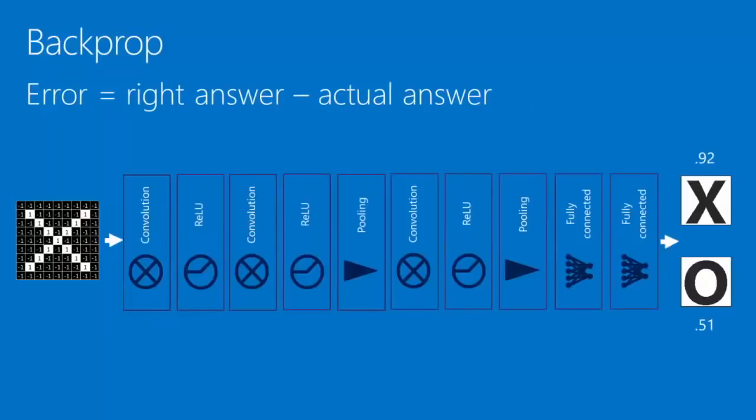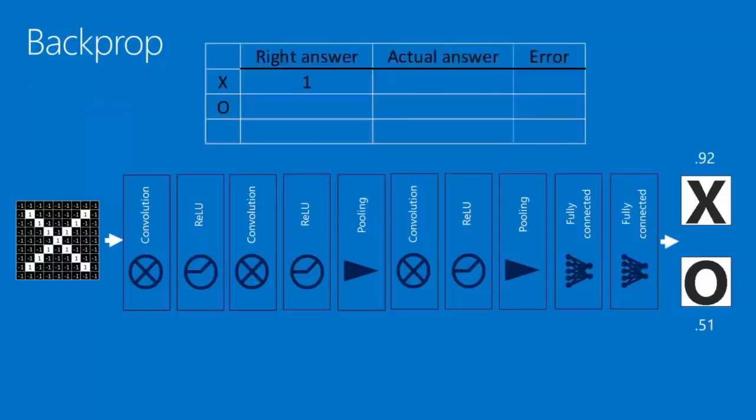So the underlying principle behind backpropagation is that the error in the final answer is used to determine how much the network adjusts and changes. So in this case, if we knew we were putting in an X, and we got a 0.92 vote for an X, that would be an error of 0.08, and we got a 0.51 vote for an O, we know that that would be an error of 0.49, actually an error of 0.51 because it should be 0.